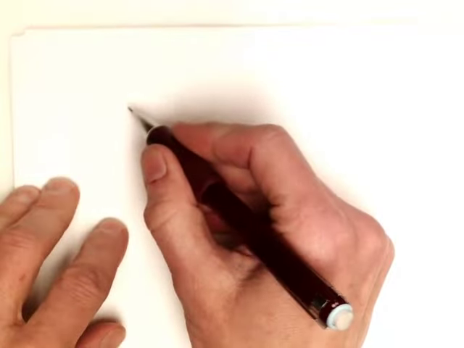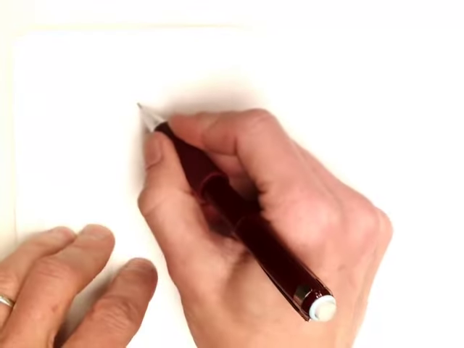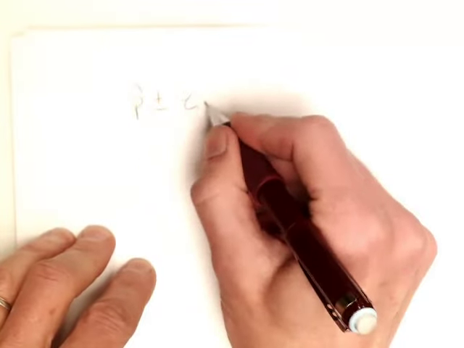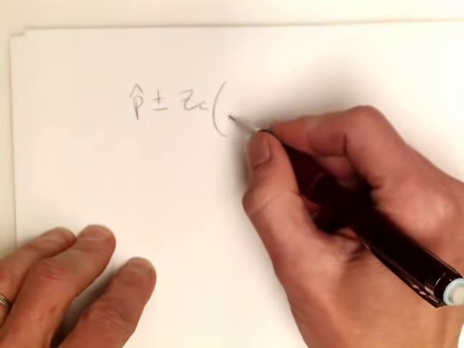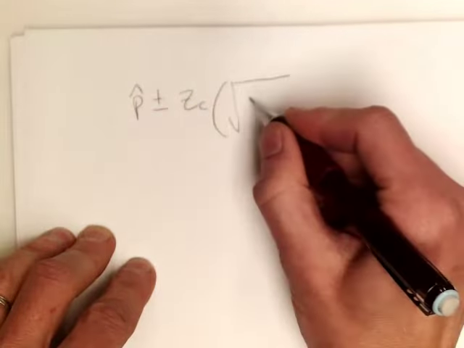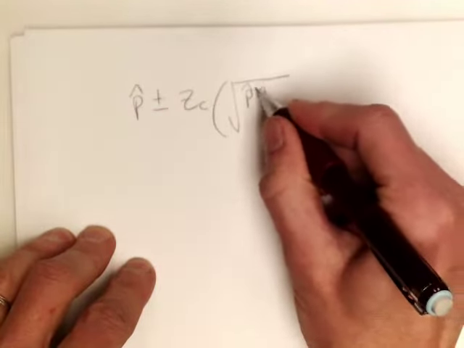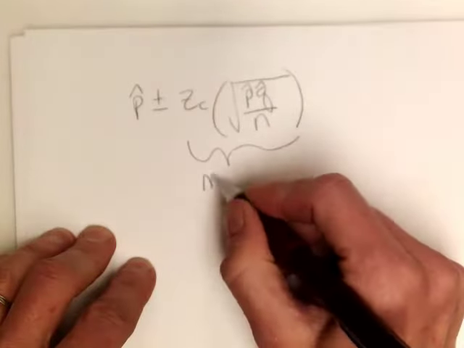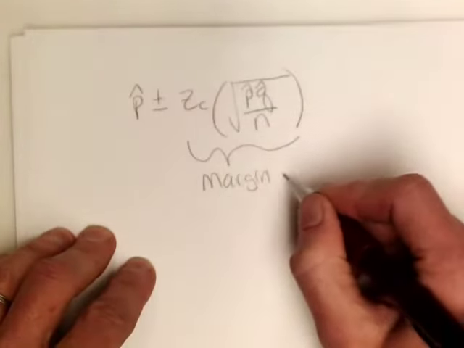Let's go ahead and review the formula for the confidence interval for proportion. It's p hat plus or minus z sub c times the square root of p hat times q hat over n, where this part here is the margin of error.